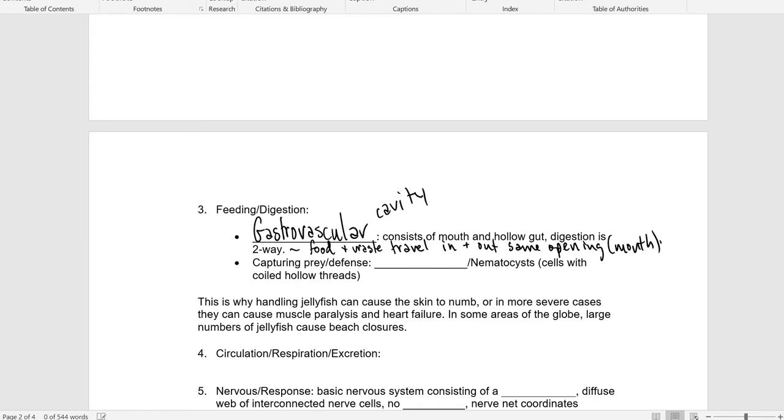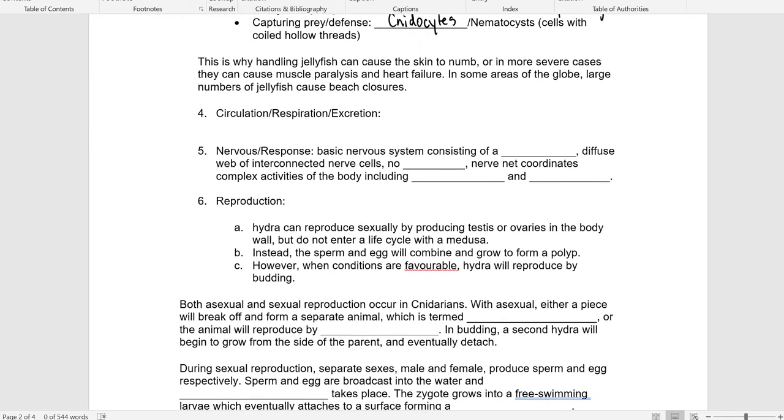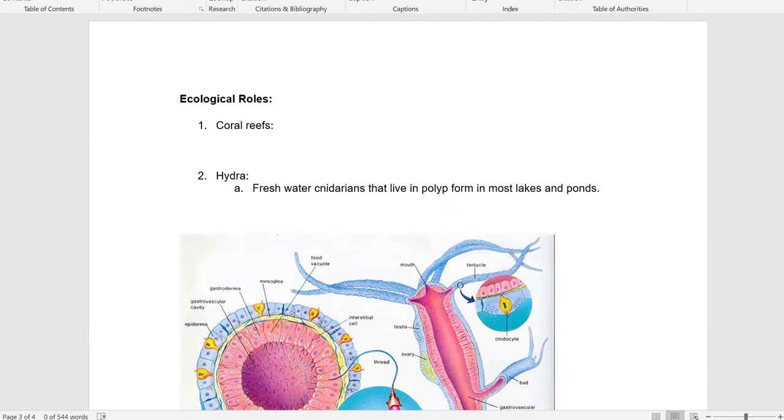All right. Now, what's special about these guys is that their name, cnidarian, comes from their mechanisms of capturing prey, which are these tiny cells called cnidocytes, or also referred to as nematocysts. So these are cells with coiled, hollow threads.